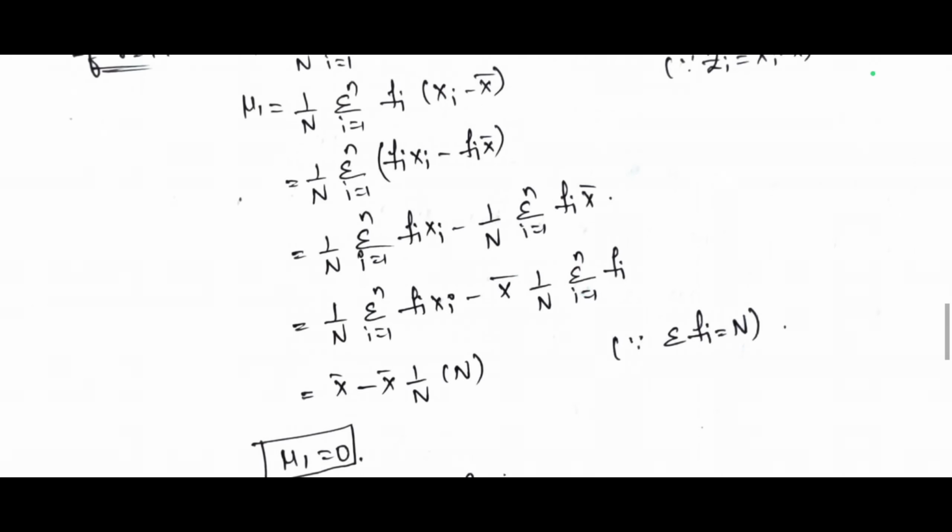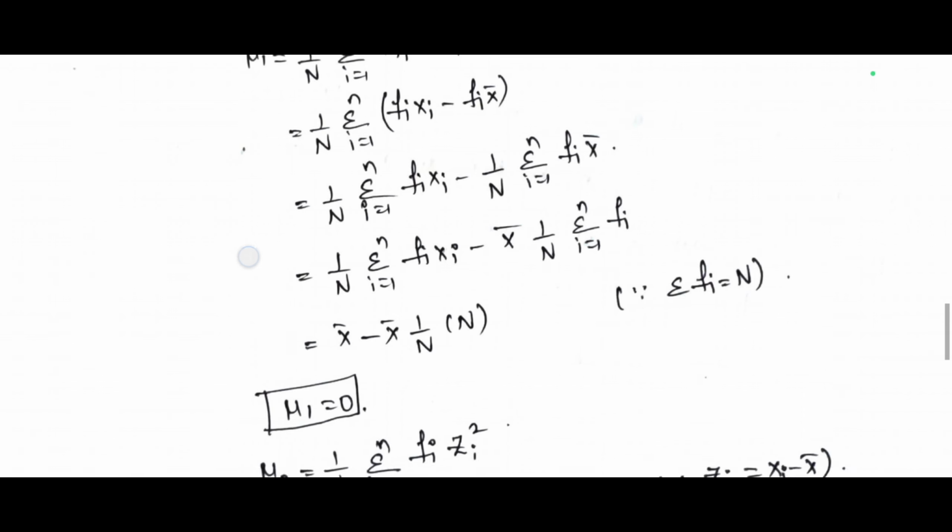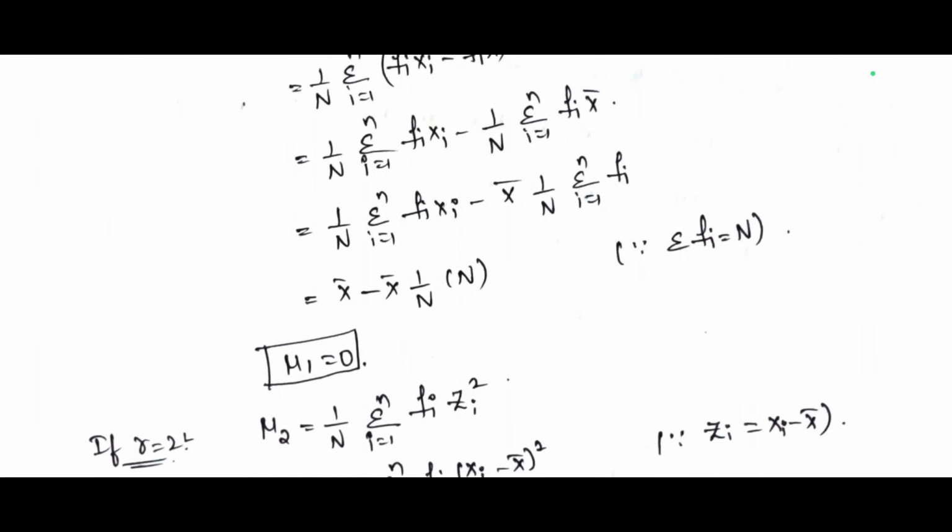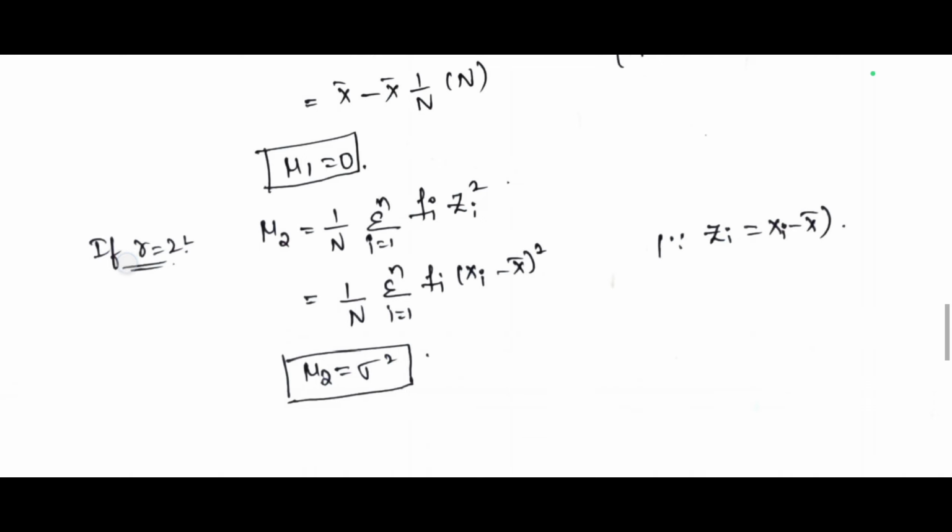The first term becomes x bar, and the second is x bar into 1 divided by N summation of fi, where summation of fi is equal to N and gets cancelled. The x bar minus x bar gives 0. So mu 1 value is equal to 0. Power 2 is called sigma square.